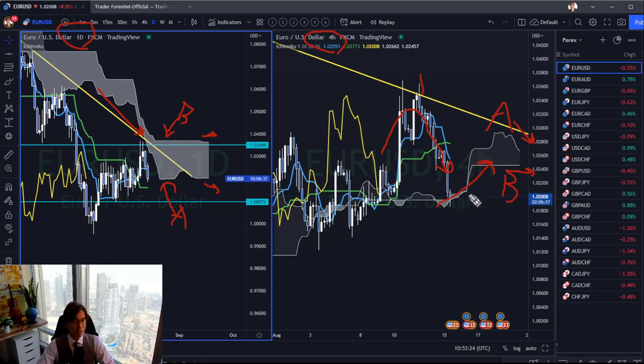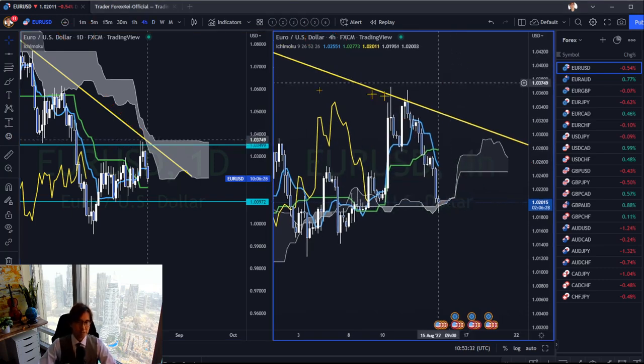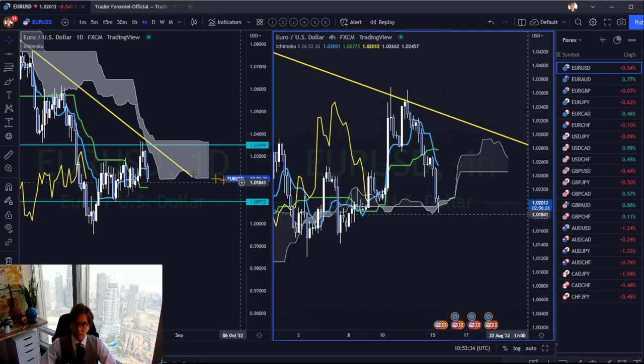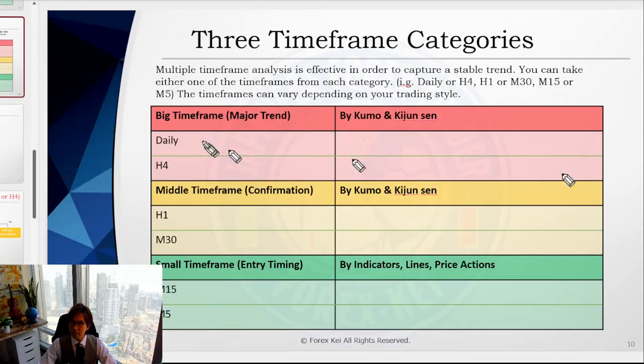So this is a market I don't take a trade in. I don't even look at the lower time frames for opportunities. So again, in this example, Euro USD, coming back to this slide, daily Kumo is flat, and H4 Kumo is also flat. I check the Kumo first, and then I also look at the Kijun Sen.